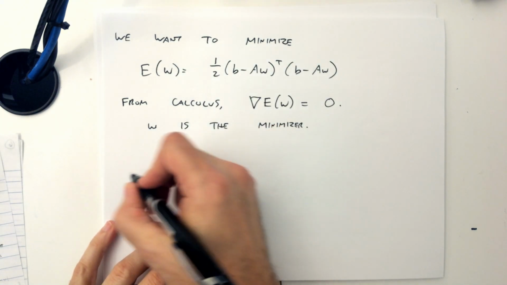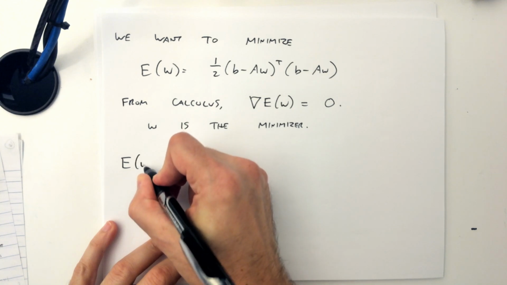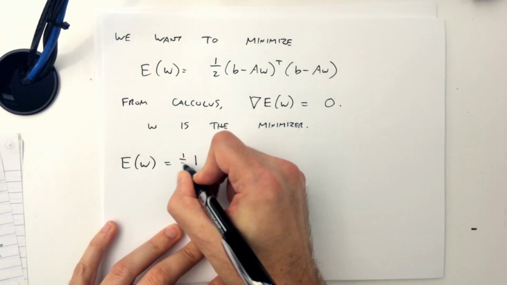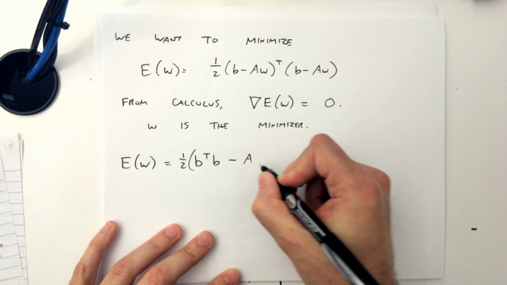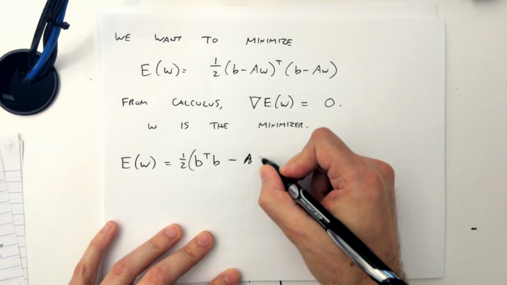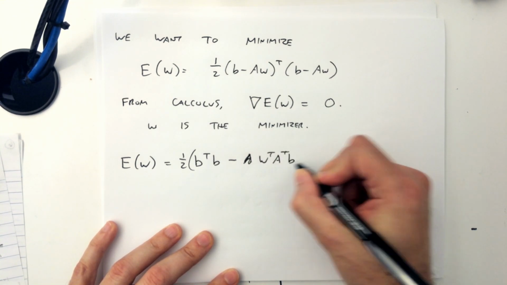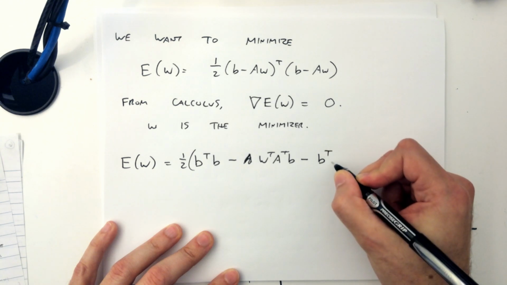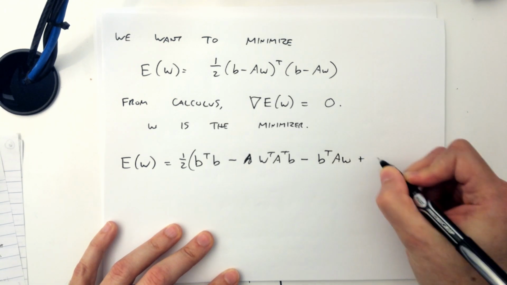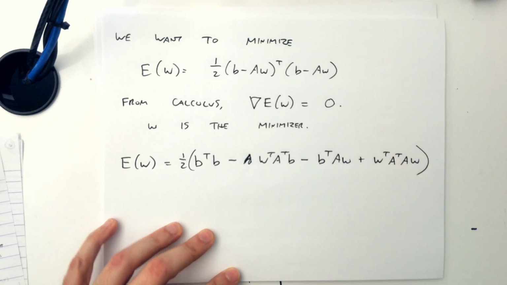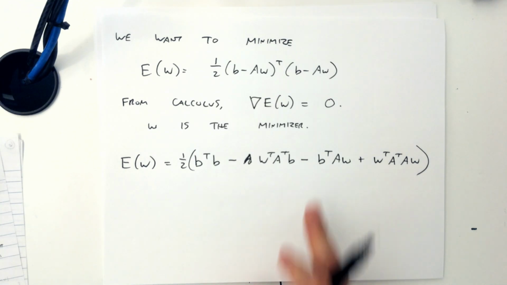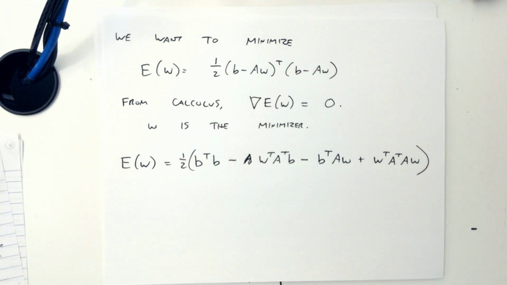So if I write this out in a little more detail, let me multiply this out. I got 1/2 times B transpose B minus W transpose B minus B transpose AW plus W transpose A W. If you don't know how I expanded this, that's another good linear algebra refresher.